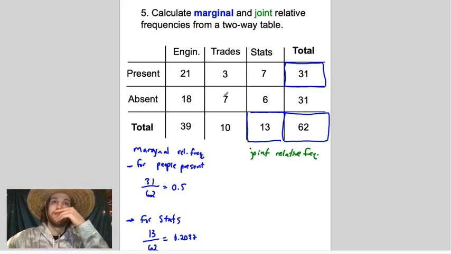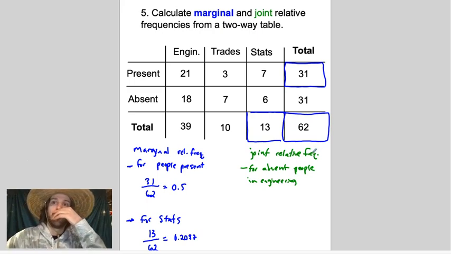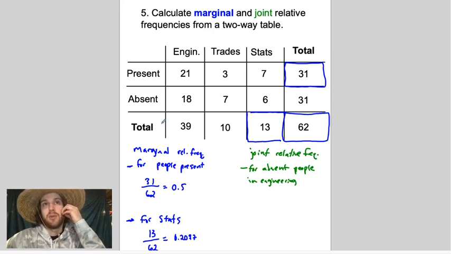So what percentage, let's say, for absent people in engineering? What is the joint relative frequency for absent people in my engineering class?